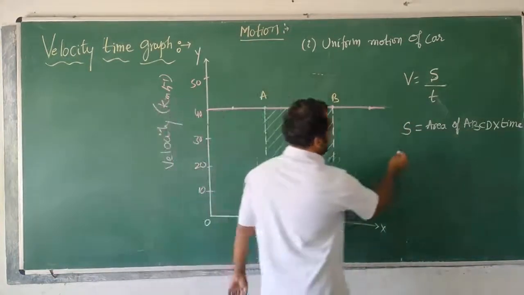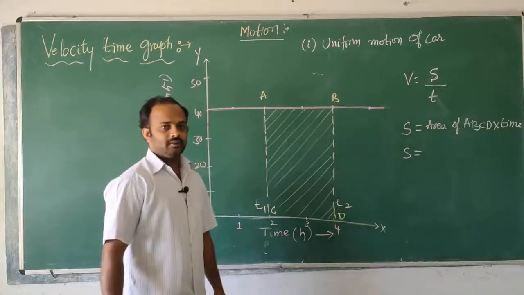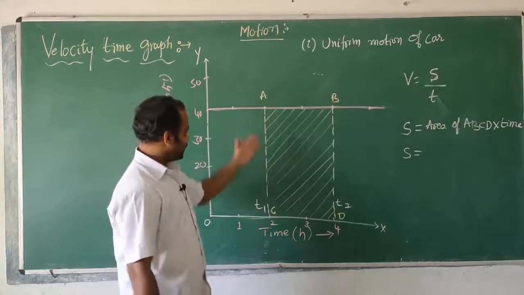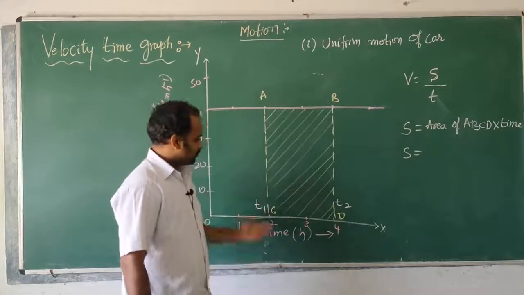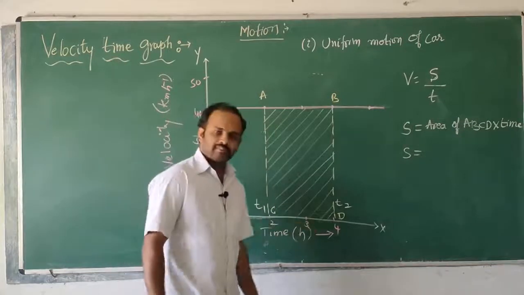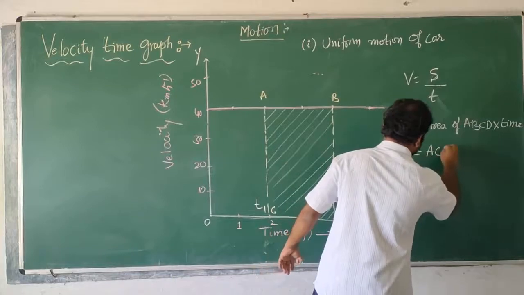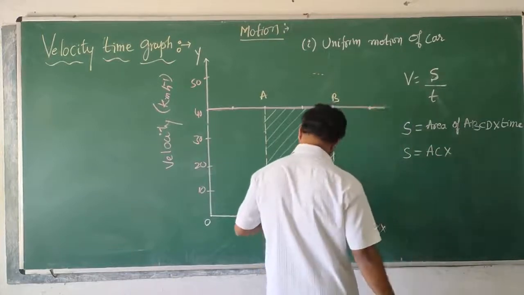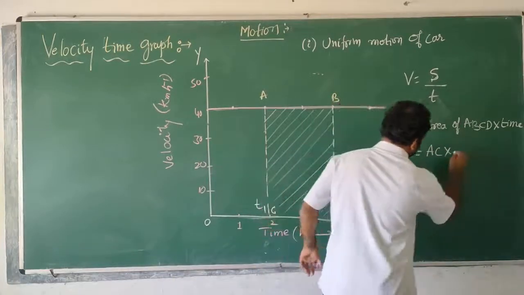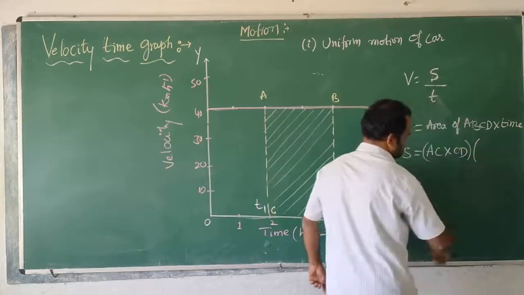Now therefore S equal to area of a rectangle, length into breadth. Here you can take AB as the breadth and AC as the length, or AC as the length and CD as the breadth, whatever you wish. That is AC into CD, length into breadth, whole bracket into time.